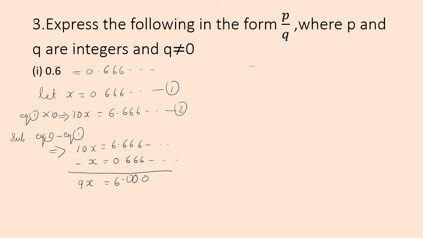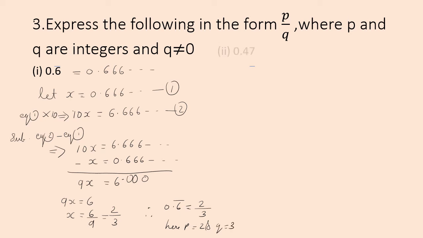So you get 9x equal to 6, that is x equal to 6 upon 9. Here 3 is the common factor, so that is 2 upon 3. Therefore the P by Q form of 0.6 repeating is 2 upon 3. Here P equal to 2 and Q equal to 3.